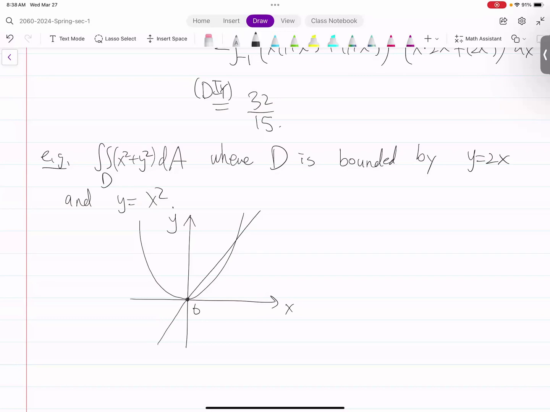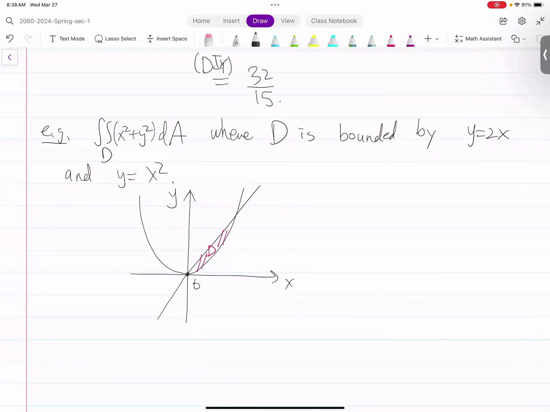So now that tells you the region that we're looking at is actually the region here, just cut between your line and the parabola. Okay, so in the region D, you can see that the parabola is the lower bound and the line is the upper bound.